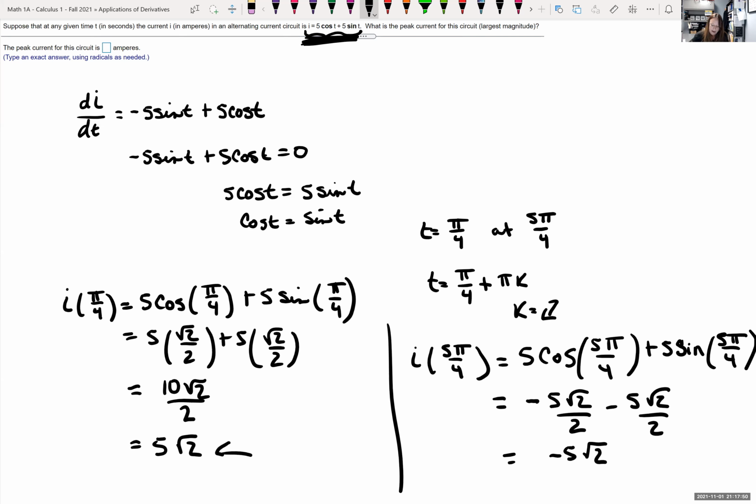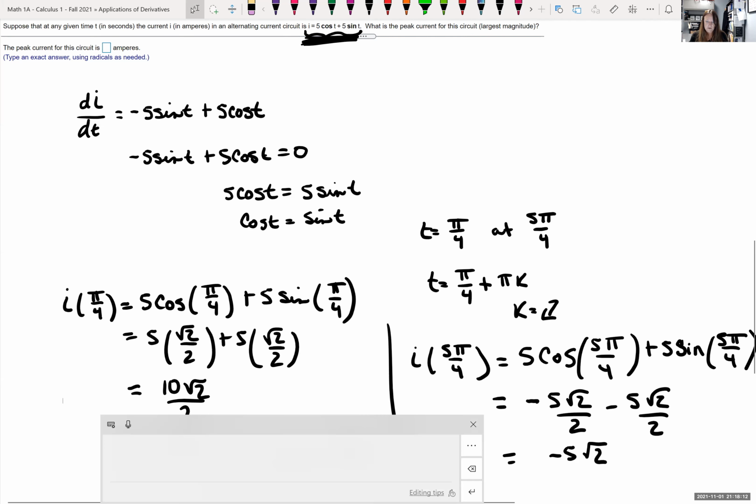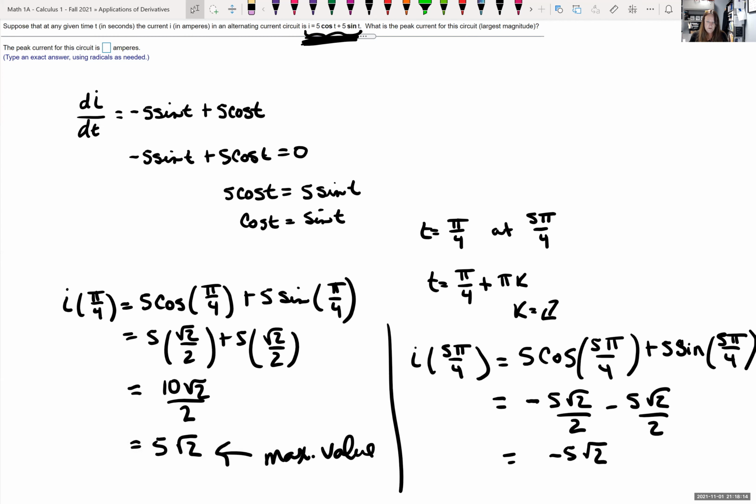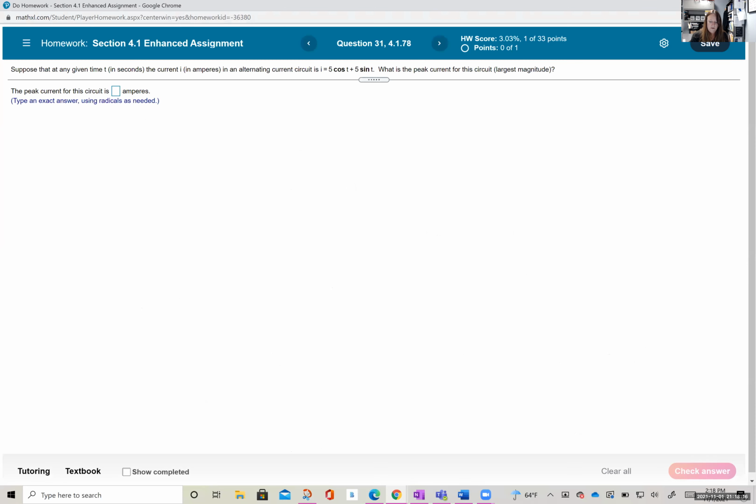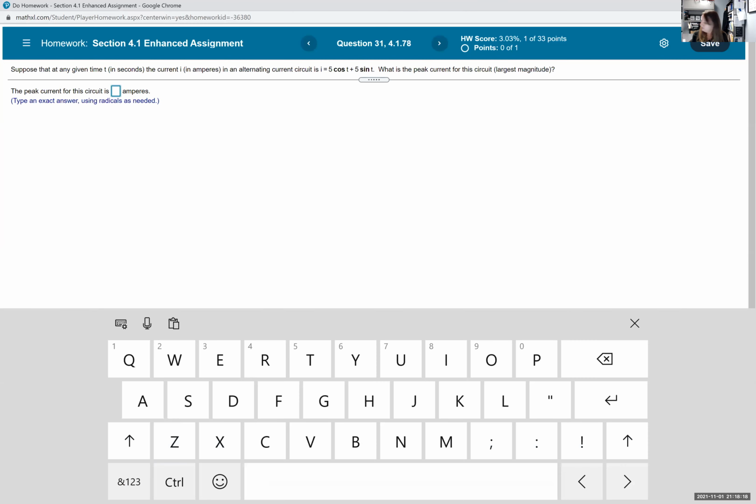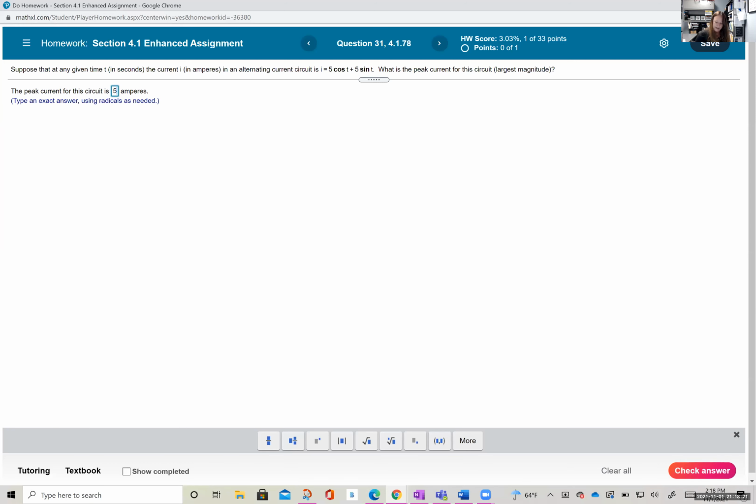And so we have a maximum value, the peak is going to be 5 root 2. So let's just plug it in.